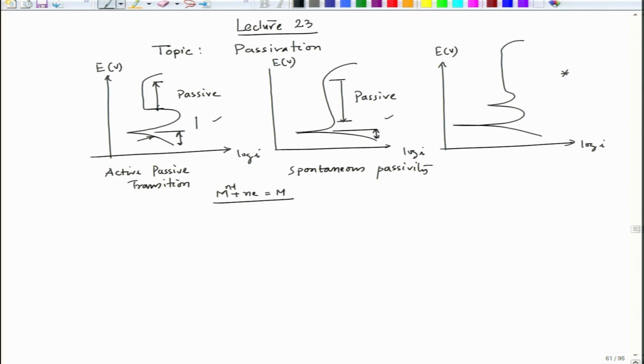But if we go upward from this corrosion potential, this is E corr, corrosion potential, we are actually going into the anodic side. So, in these two zones we are having this reaction. So, that means passivity is achieved when we go to the anodic side.